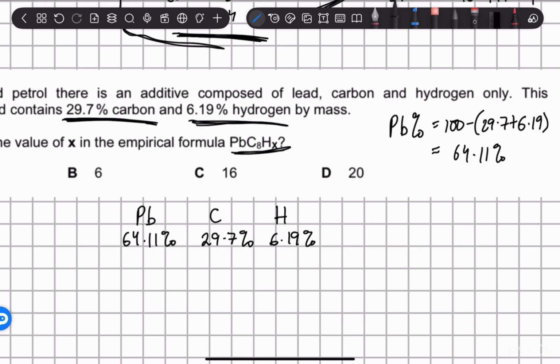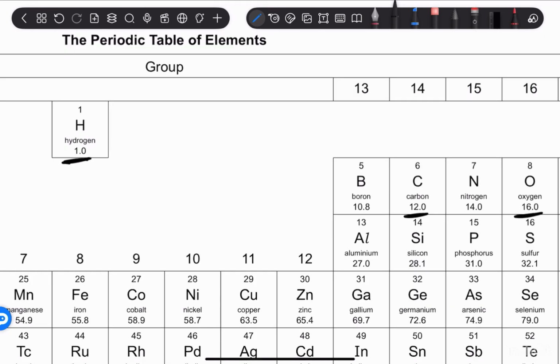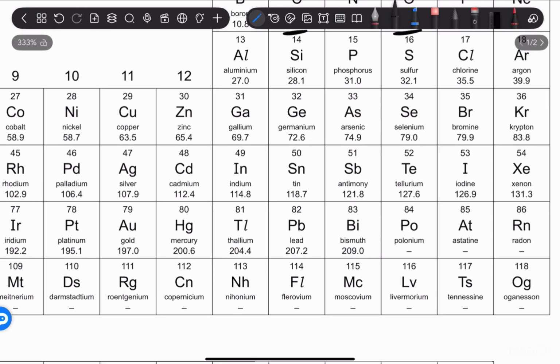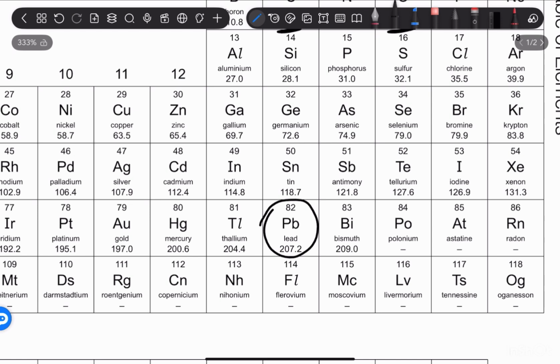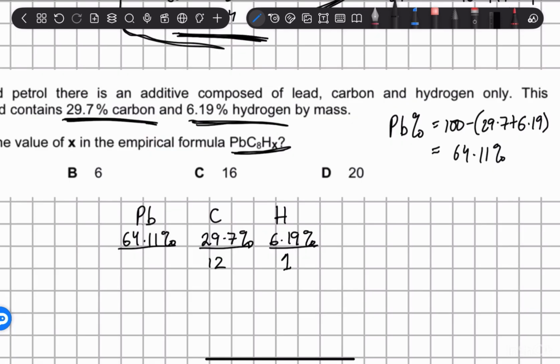So now the next step is to divide these by their atomic masses. Hydrogen is 1, carbon is 12. For lead, we need to check our periodic table, and lead is here. Its atomic mass is 207.2. So that is what we have.